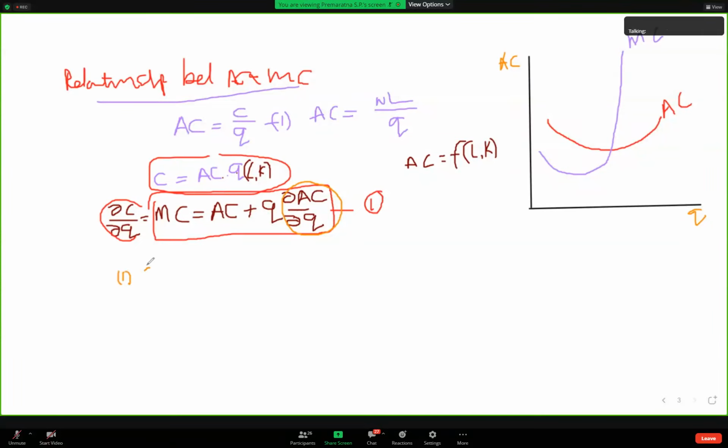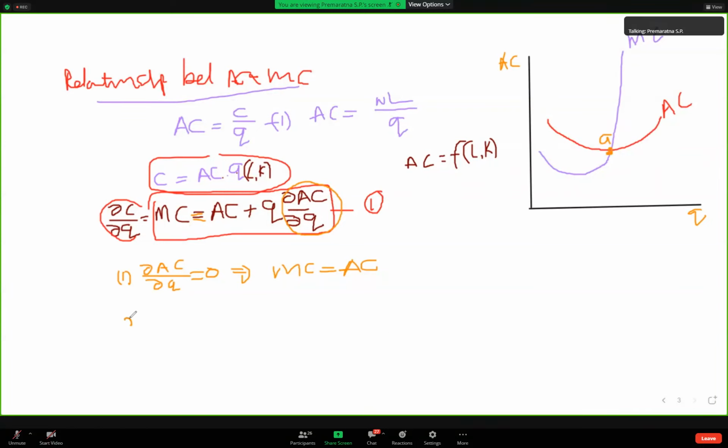If the slope is equal to 0, what happens? This becomes 0, then the marginal cost must equal the average cost. So that happens here only, at this point.